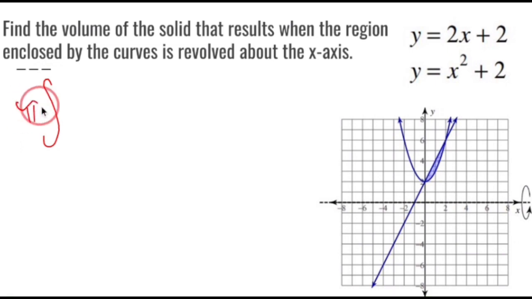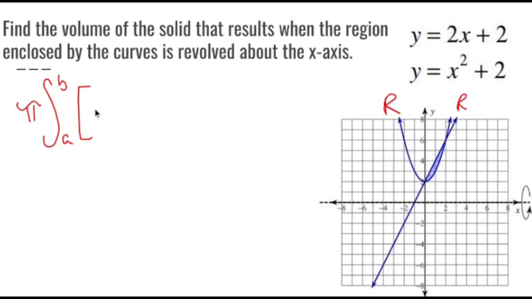You throw pi in front of it. You have an upper limit and you have a lower limit. And a lot of teachers use r to represent one of these. So you're going to have both of your equations. I'm not going to figure out which equation is which. I'll explain that in a minute. But you're going to have an upper equation, the equation that belongs on top of this solid.